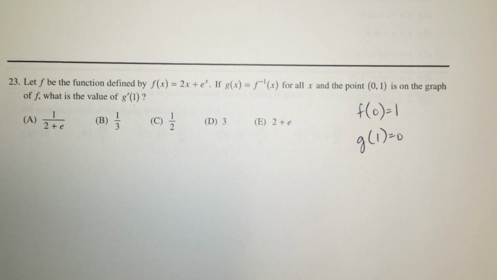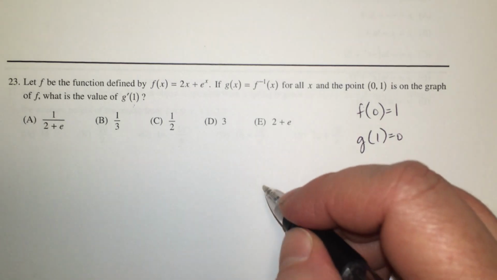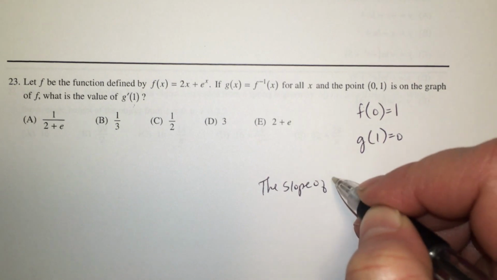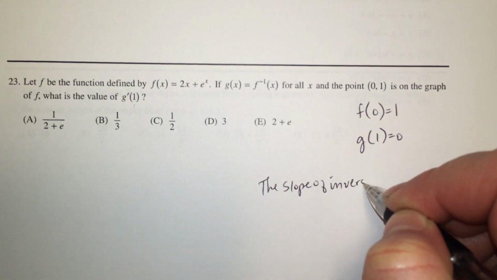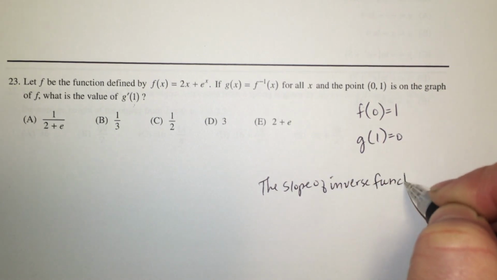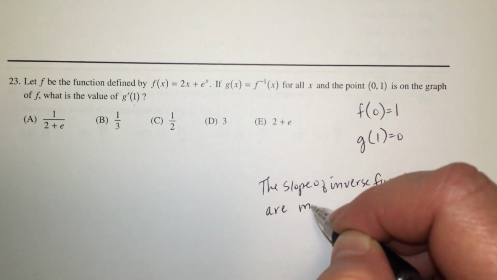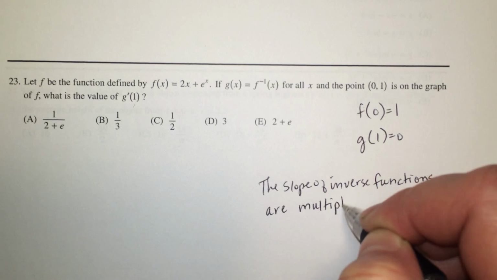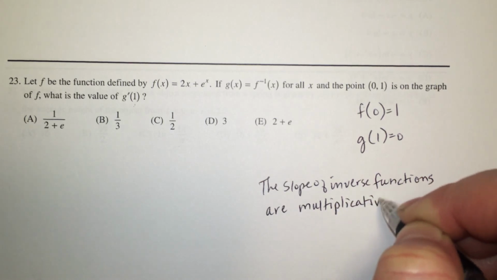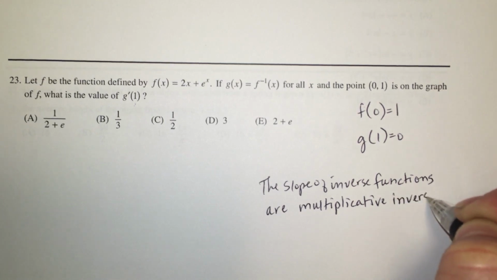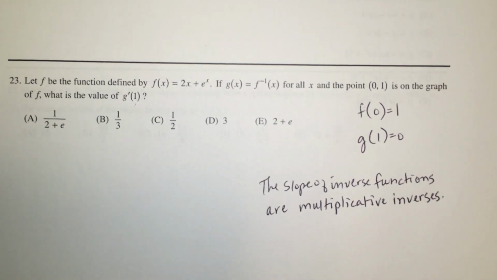Now, one thing that we haven't really talked about in class, but is true and comes up only occasionally, is that the slopes of inverse functions, like f and g in this case, are multiplicative inverses of each other.